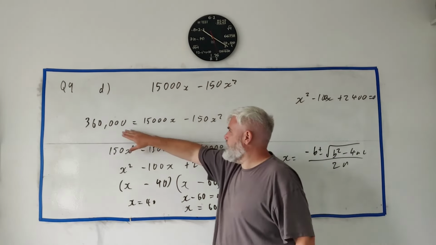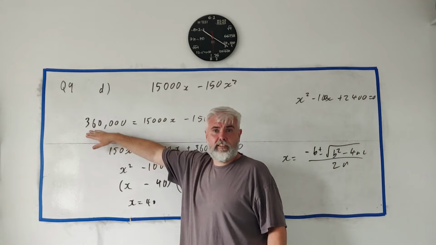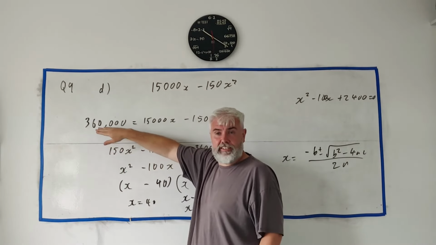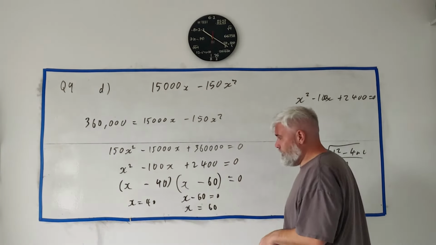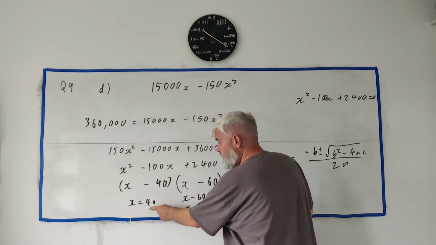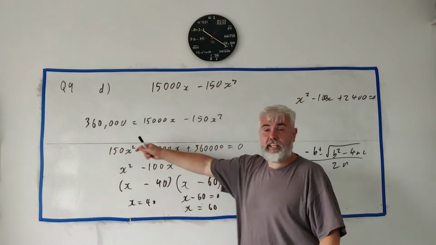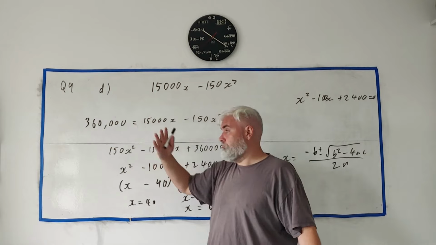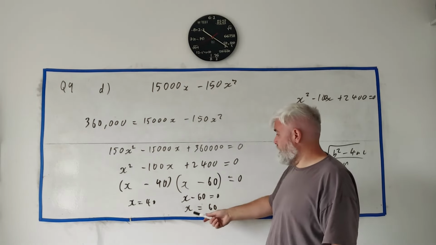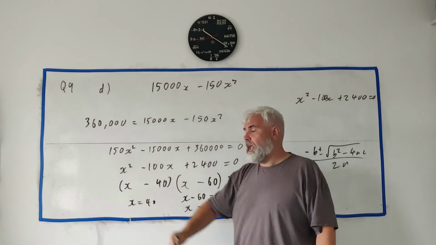Remember, all of this was to get ticket sales. 360,000 in ticket sales. And it turns out if the price of the ticket was 40 or 60, they'd make the same money. Now there's probably a better ticket price, maybe 50 would have made them even more.